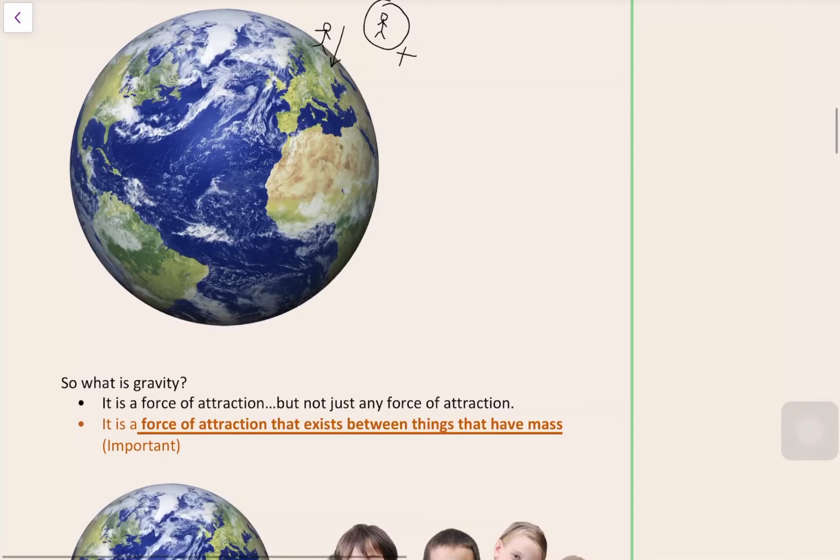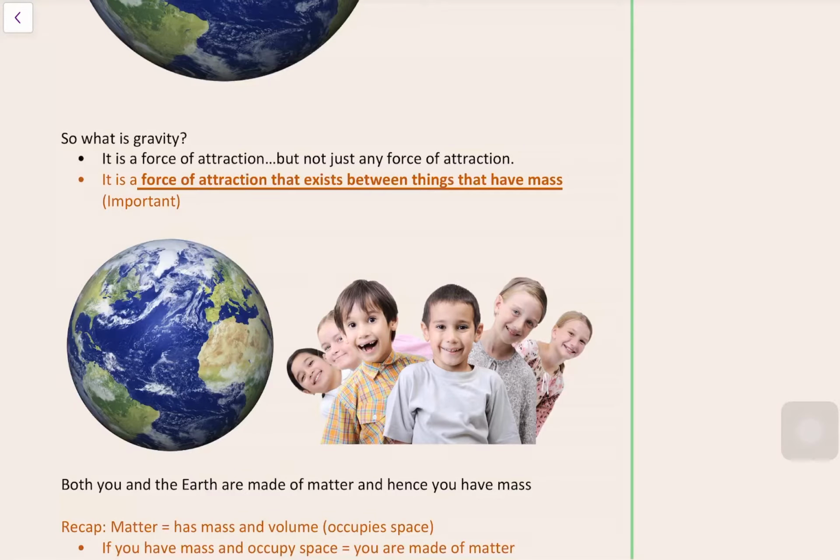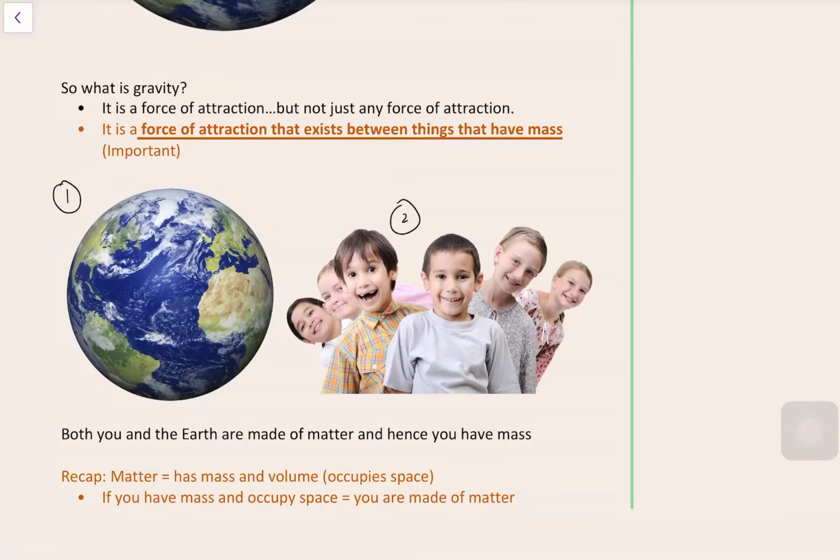So then, what is gravity? Gravity is a force of attraction, but it's not just any force of attraction. It is a force of attraction that exists between things that have mass. So now let's take a look at this. Alright, we have the earth over here, and then we have you. Both you and the earth are made of matter, and hence you have mass.